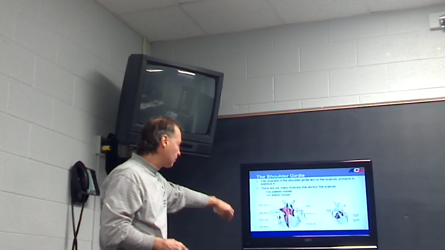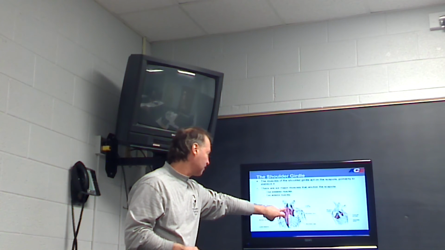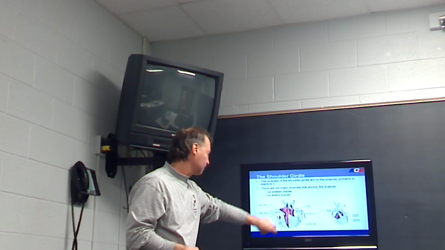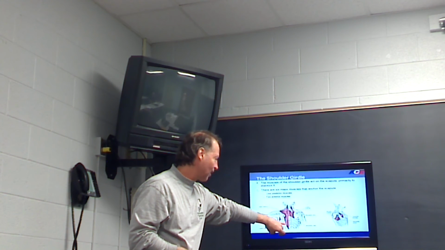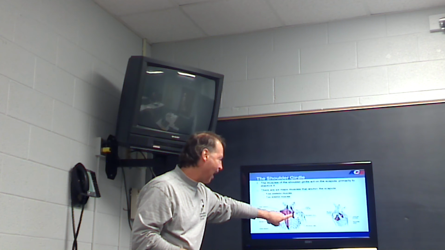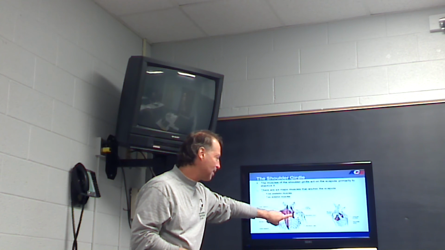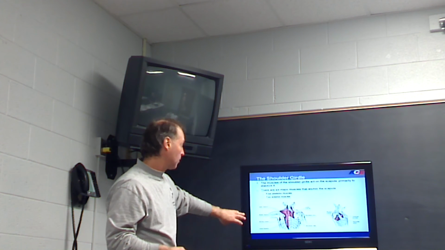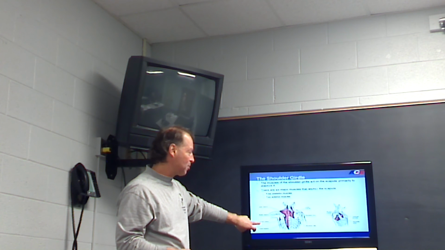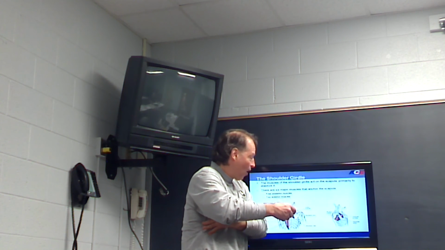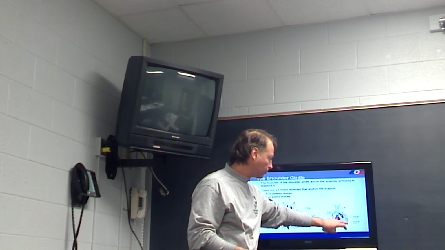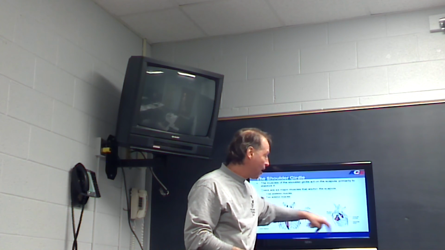So you got your traps here, the serratus, lower trap, levator scapulae, the rhomboids. People forget about these. It's funny the serratus is mentioned because from the side you see it here. Of course, the pectoralis minor.